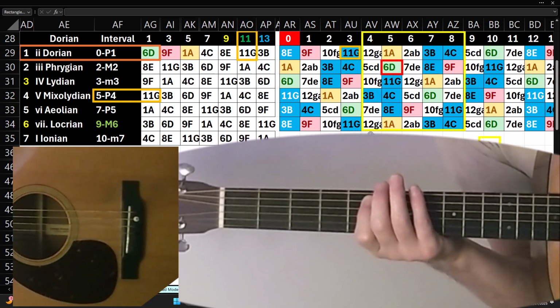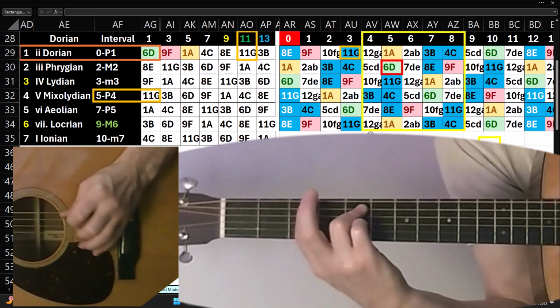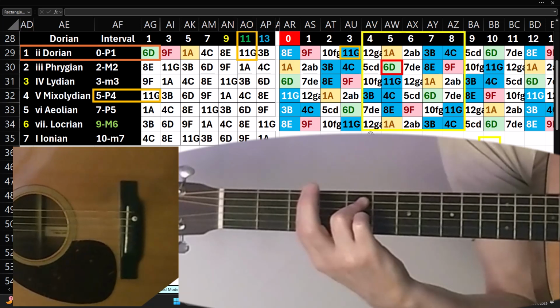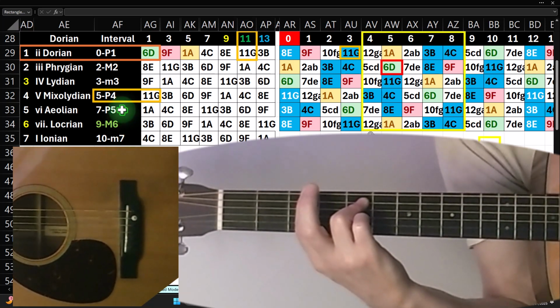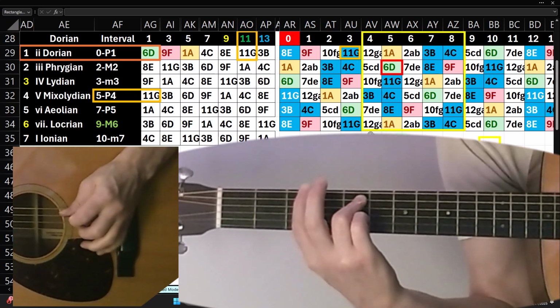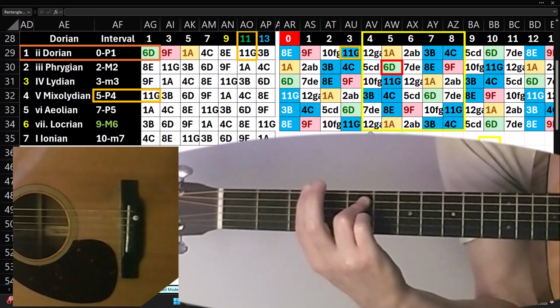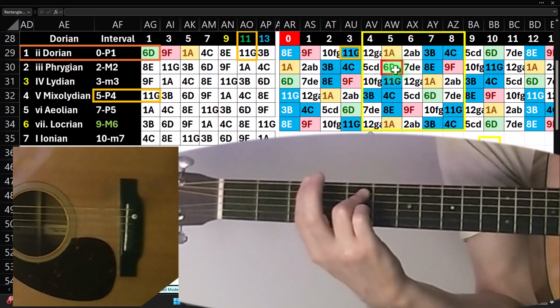So that means if I was to play it this way, from this G to that D, from top to bottom, that would be a 7-note away, which we know would be a perfect fifth. These two are inverses of each other, perfect fifths and perfect fourths. And therefore, if I go from the bottom to the top, measuring from the perspective of the D, it's going to be a 5-note away perfect fourth.